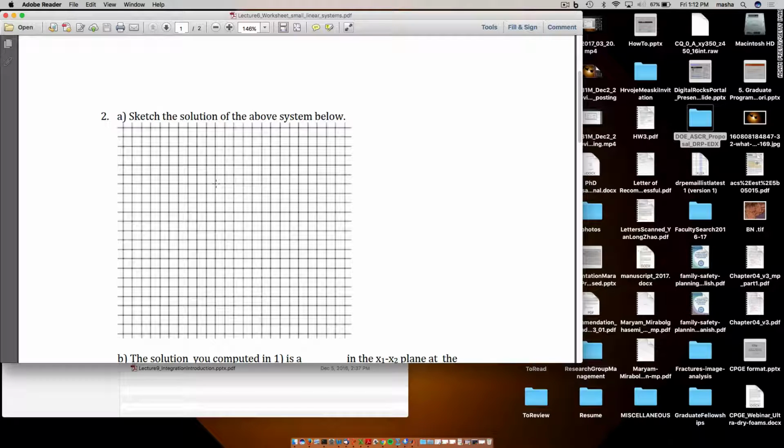I am now in upper triangular form. So, side points: there are multiple ways you can do this. Your objective is to have zeros below the diagonal.